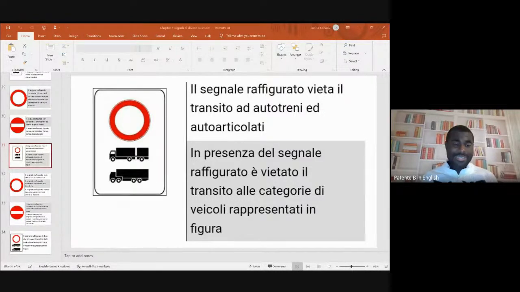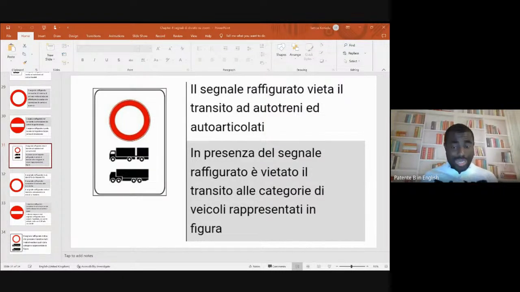And indeed, the significance of this signal says that only the representative vehicles you see in the signal, those are the only two vehicles that cannot pass. So now, the first question says that il segnale raffigurato vieta il transito ad autotreni ed autoarticolati, and the answer to the first one is true, because we have autotreni and autoarticolati.